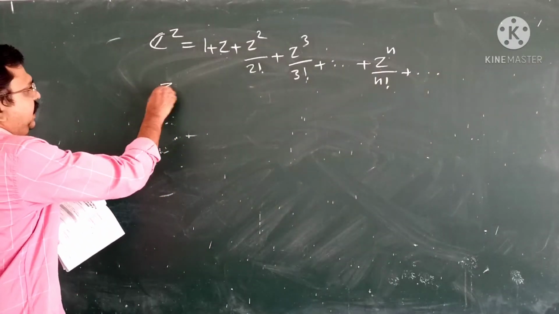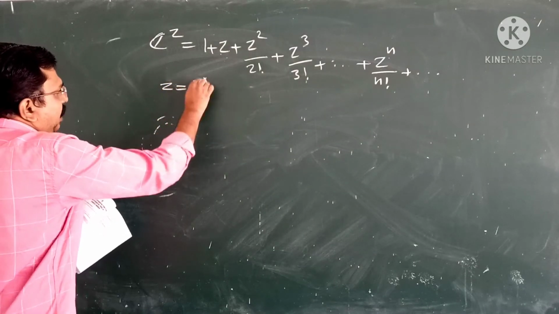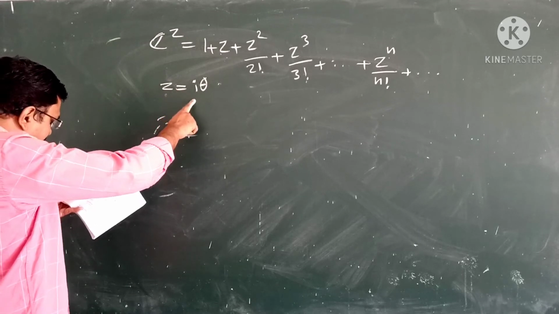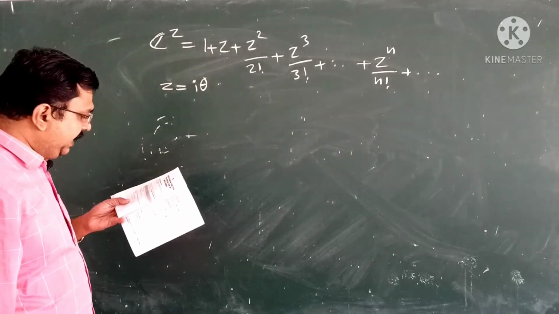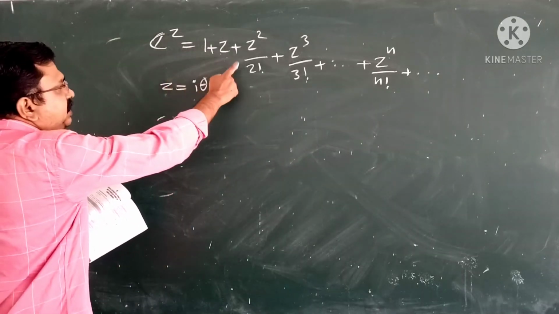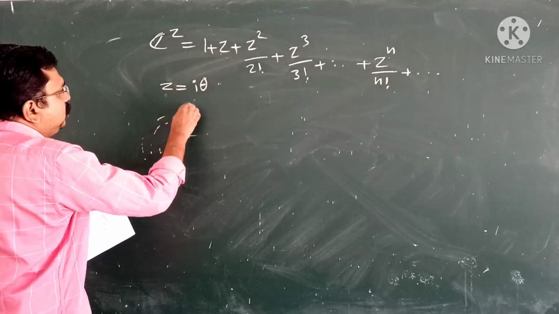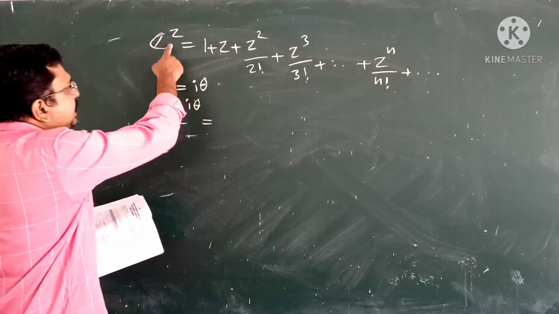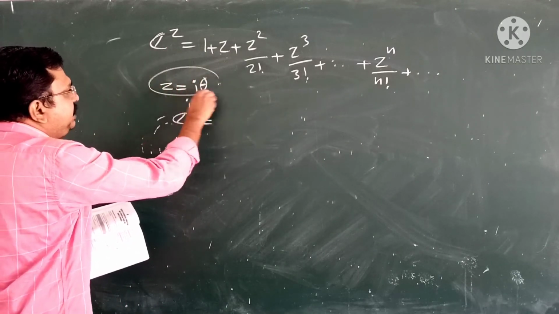Now, when z is equal to i theta, that is, theta is real, then this equation will become e raised to i theta. That is, z is replaced by i theta.